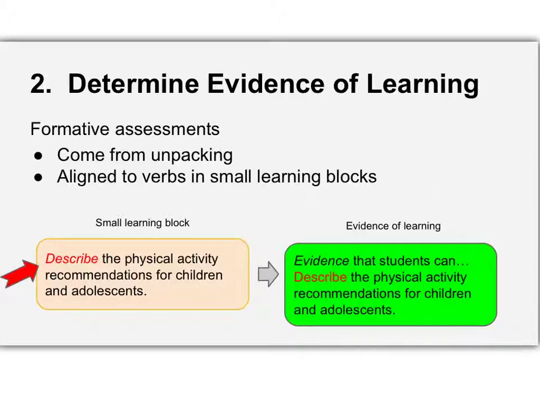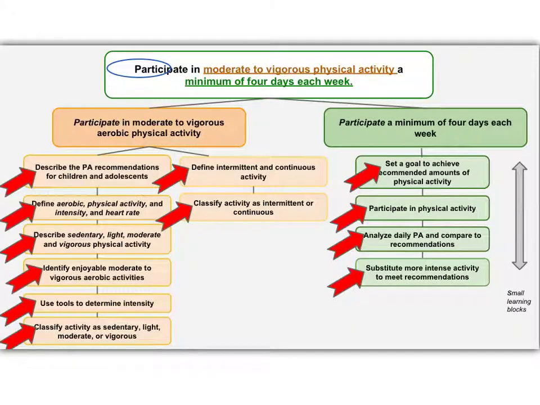And that's called alignment. So looking again at the unpacked standard and the small learning blocks, you see the verbs are in each small learning block, and the evidence that you need will be aligned to these verbs, etc.